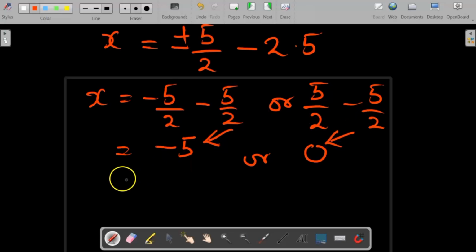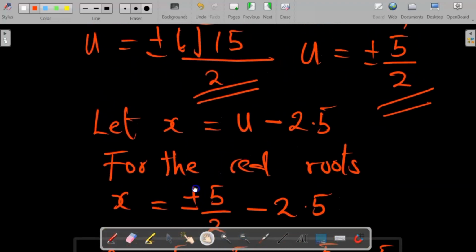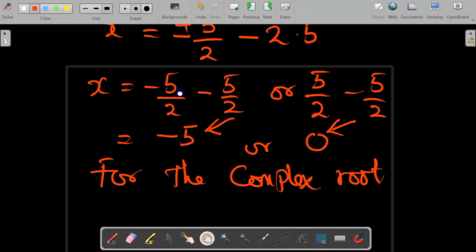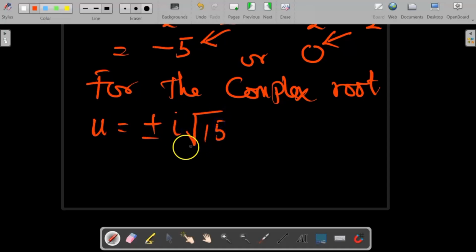Now let's come to the complex root. Remember, for the complex root, u is equal to plus or minus i root 15 over 2. And x is equal to u minus 5 over 2.